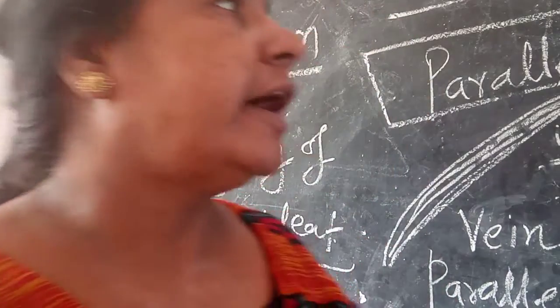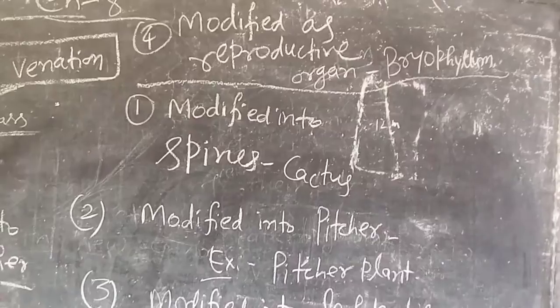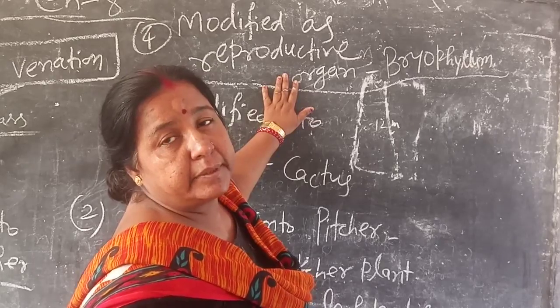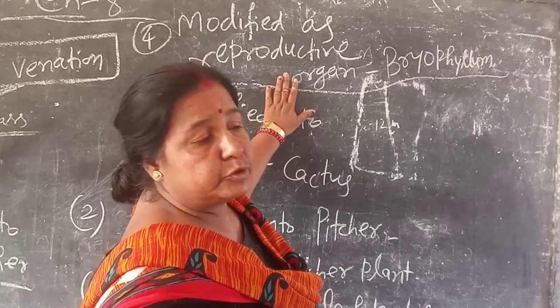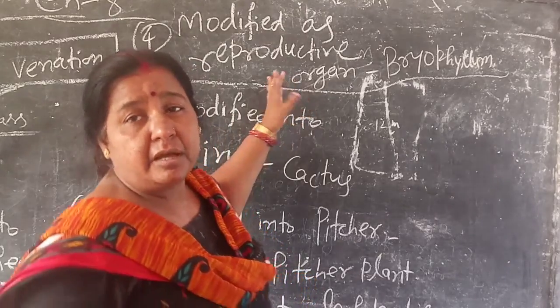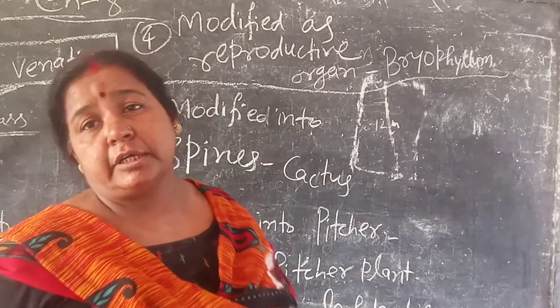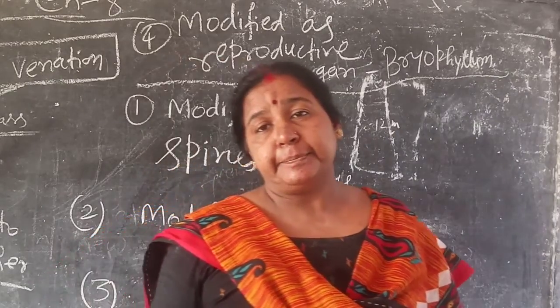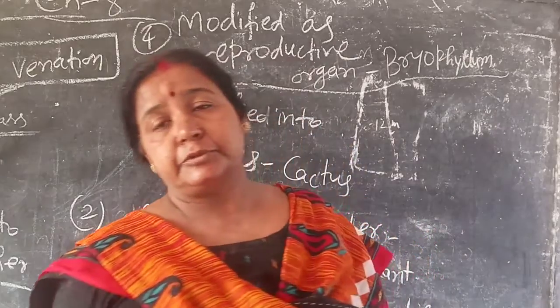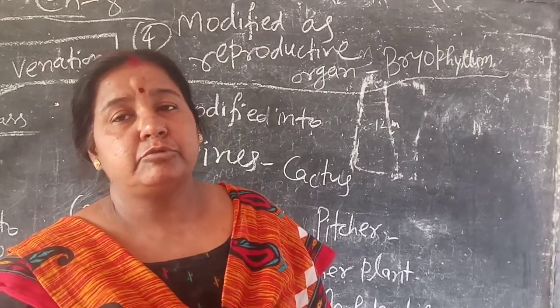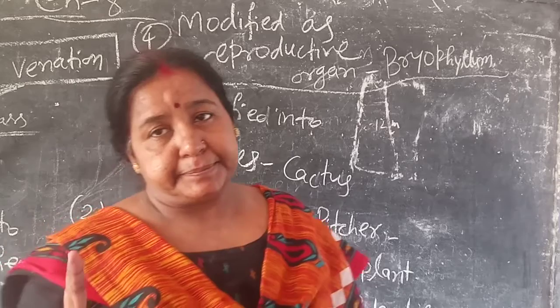Now leaf is modified as a reproductive organ. You have seen that in Bryophyllum many small plants grow in the notches of the leaves, and each gives a new plant. Suppose one leaf contains 20 small plants at notches, then 20 plants are grown from one leaf.